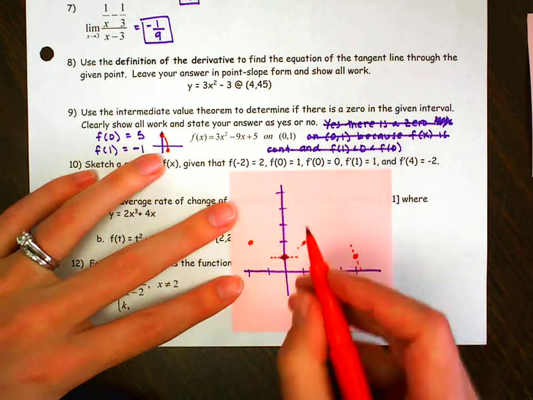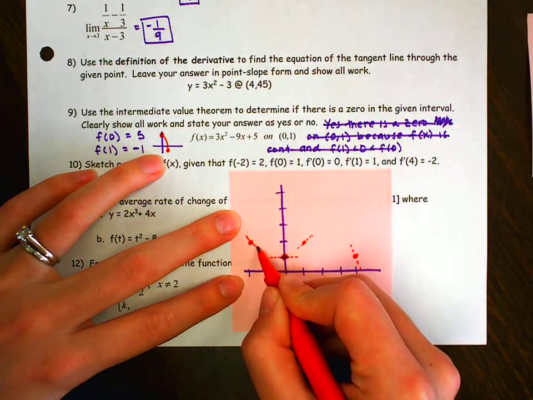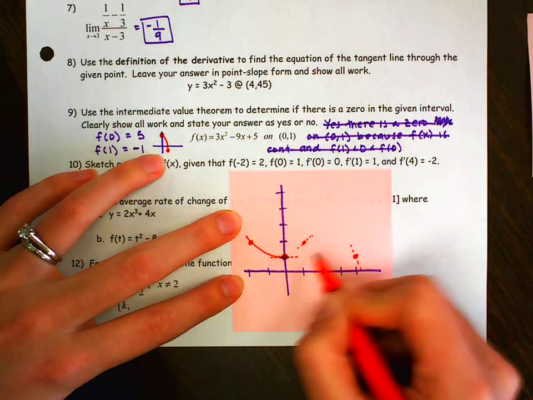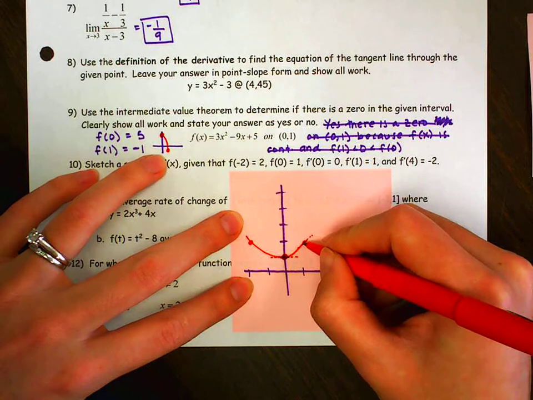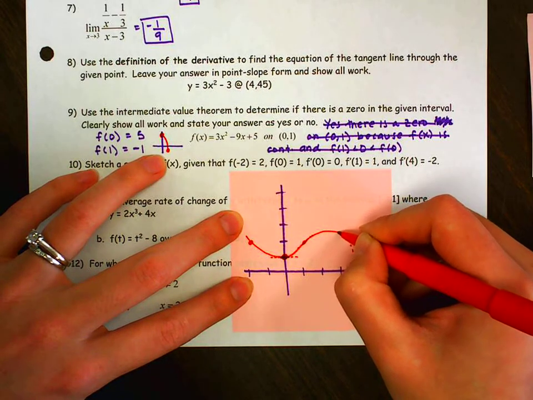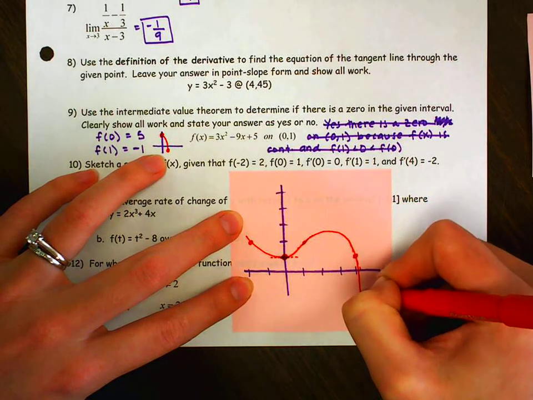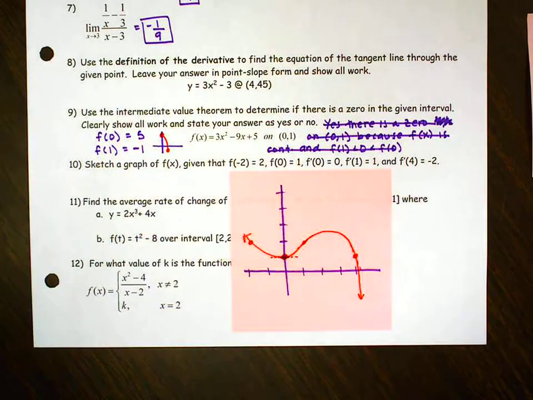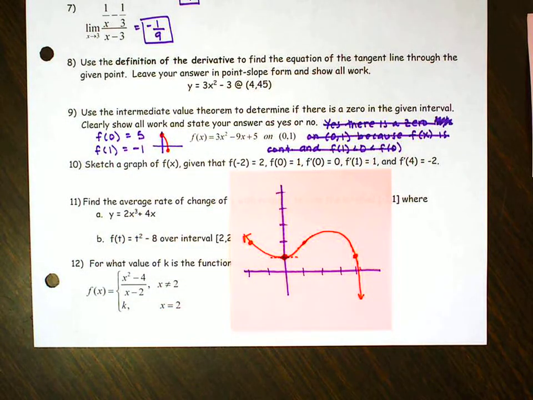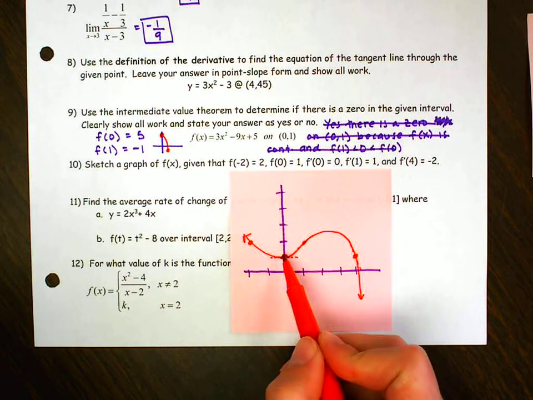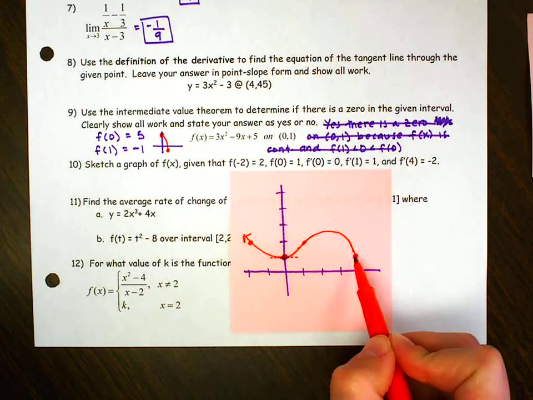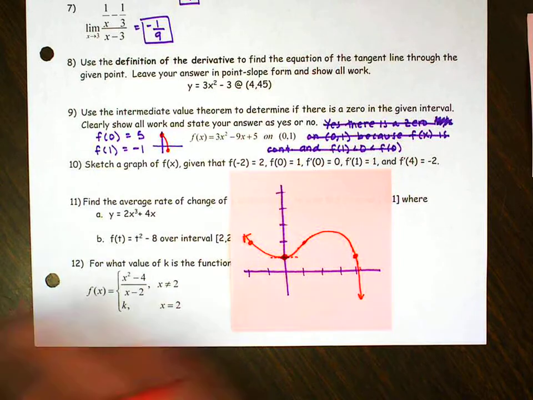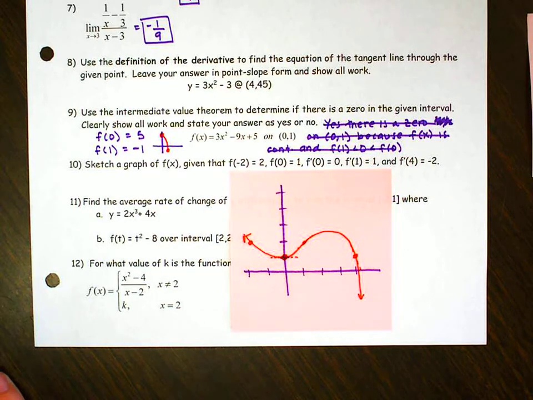So let's have it come in, go flat, then go through at 1 like this, and then come through kind of like that. Remember, these 2 points we knew exactly where they needed to be. And for these 3 points, I had specific slopes. So here's an example of what that might have looked like.